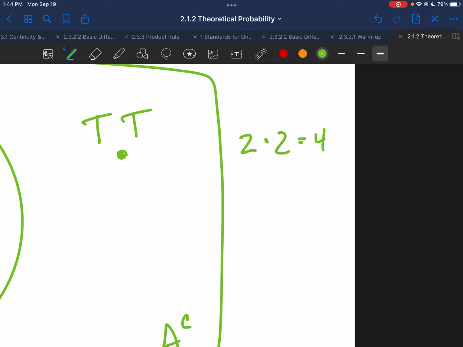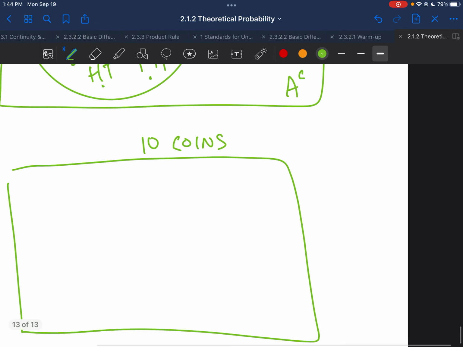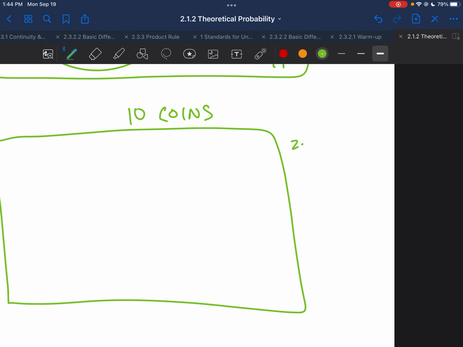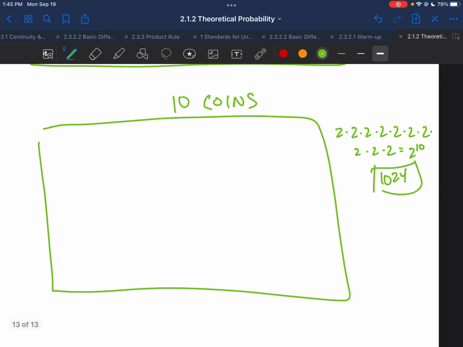So there's a total of 4, or 2 squared values. So 4 is a manageable set. If I have 10 coins now, each coin, 1, 2, 3, 4, 5, 6, 7, 8, 9, 10, could have 2 outcomes. This is 2 to the 10th. 2 to the 10th is 1,024.